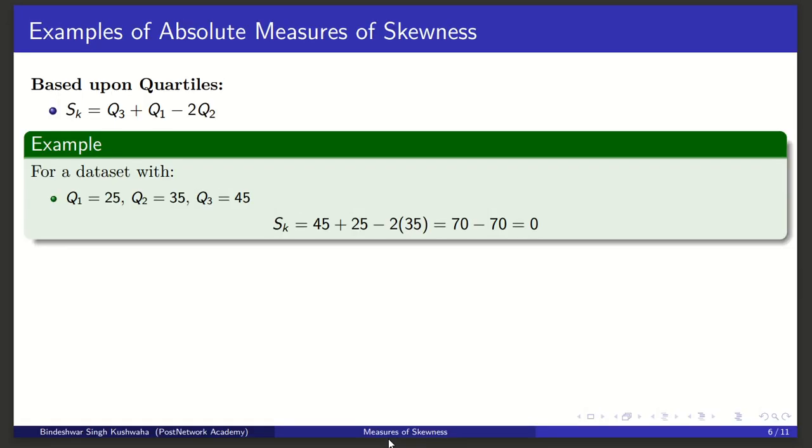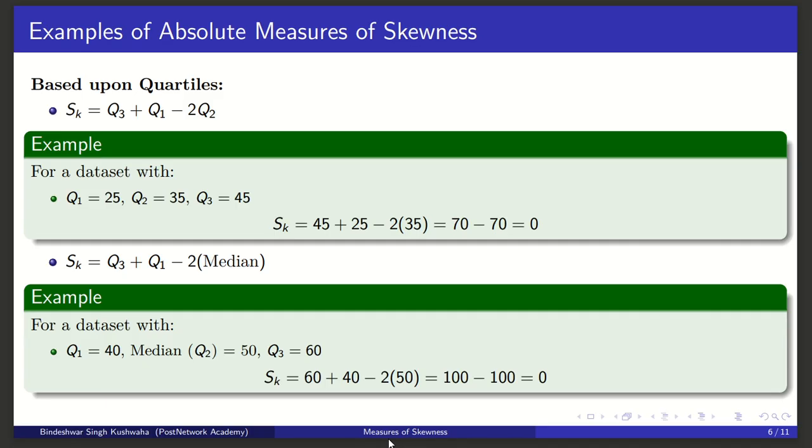Let us see some examples based upon quartiles. We will use the formula and plug in the values. Q1 is 25, Q2 is 35 and Q3 is 45. The distance between Q1 and Q2 is 5, and the distance from Q2 to Q3 is also 5. So distances are equal, and there would not be any skewness.